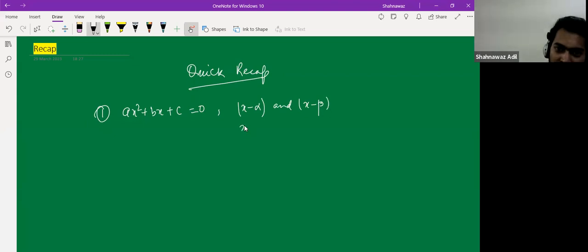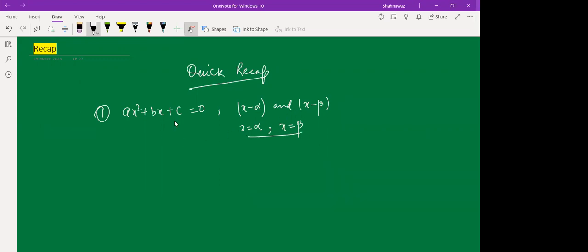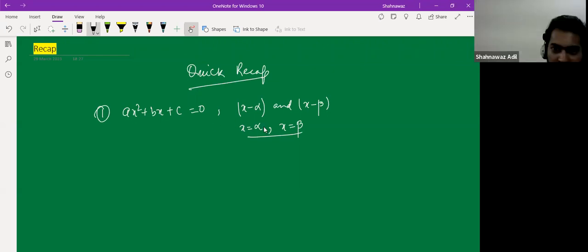Because you had two solutions. x equals alpha was one solution and x equals beta was the other solution, right? So you had two solutions or two zeros of this quadratic equation, right?